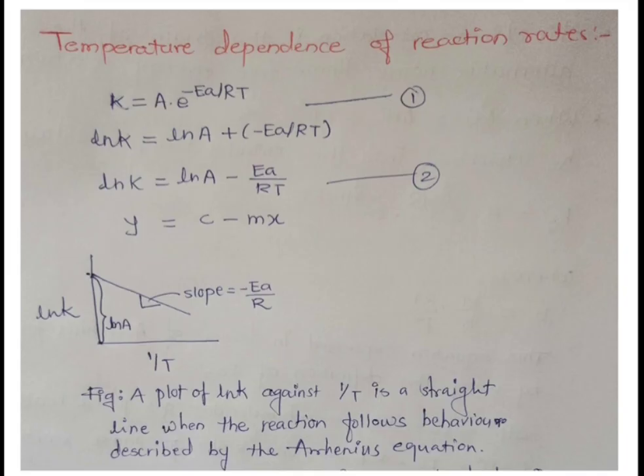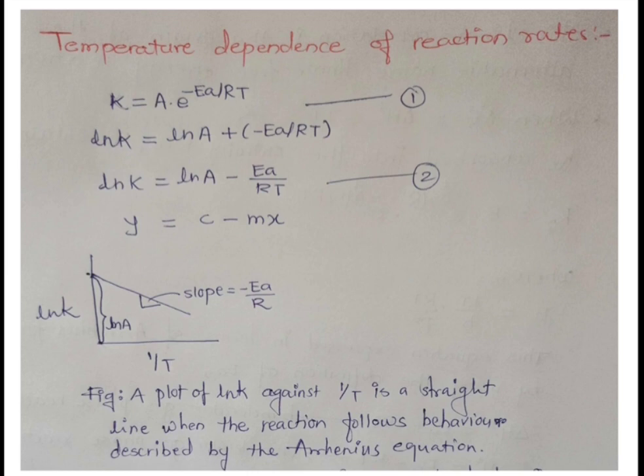The Arrhenius equation: k = A e^(-Ea/RT). In the last lecture we have seen this equation, k = A e^(-Ea/RT).